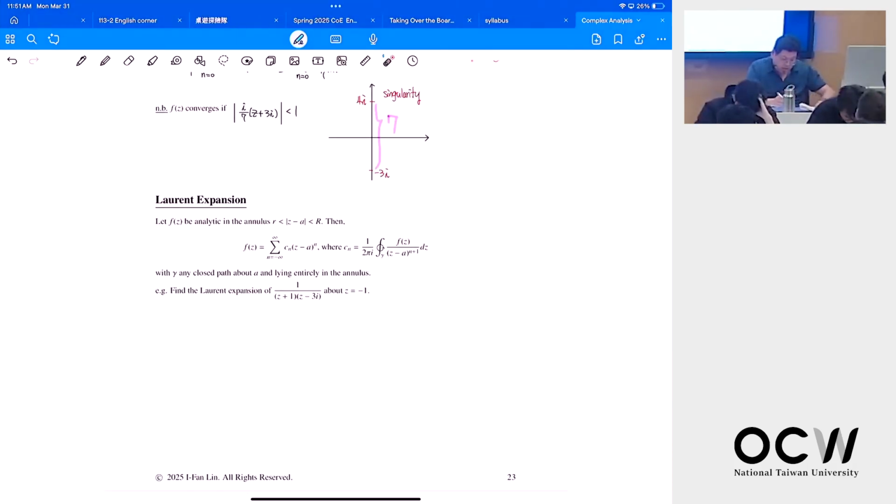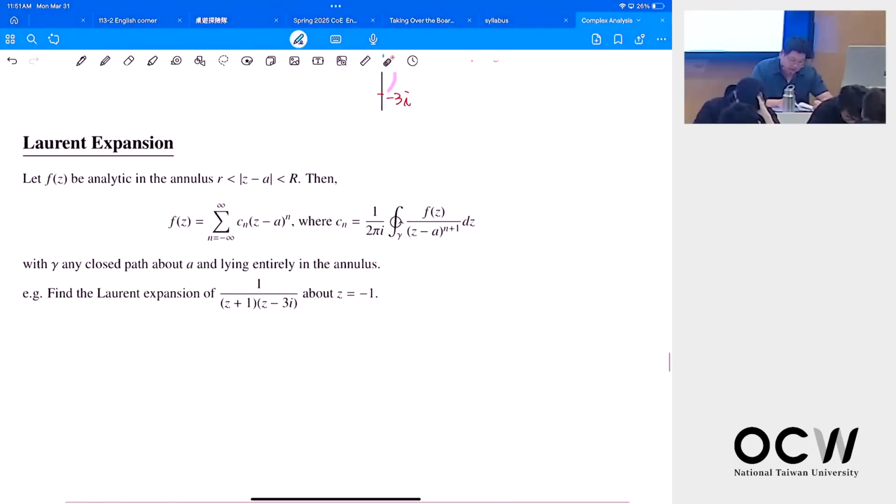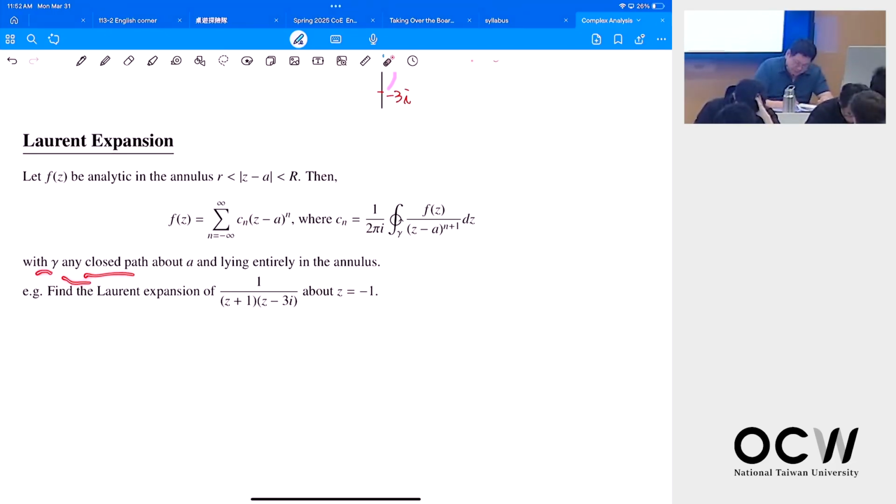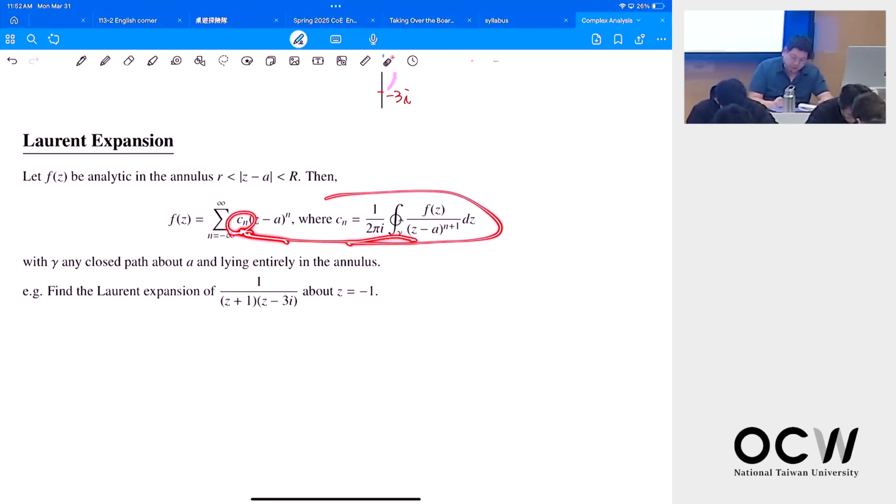All right, so now the complex function is analytic in the annulus, and then gamma is a closed path about A, and this path is lying entirely in the annulus. We can find this coefficient. This coefficient will be in this form. Okay.